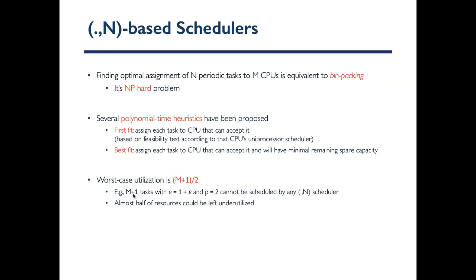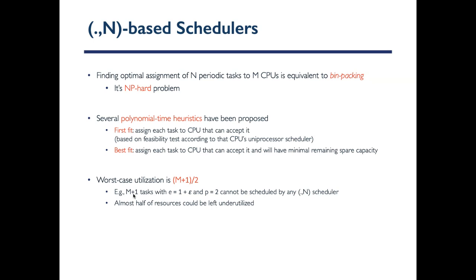So the best you can do is to run m tasks on m CPUs. So all of them would meet their deadlines, but they all would finish at time 1 plus epsilon.